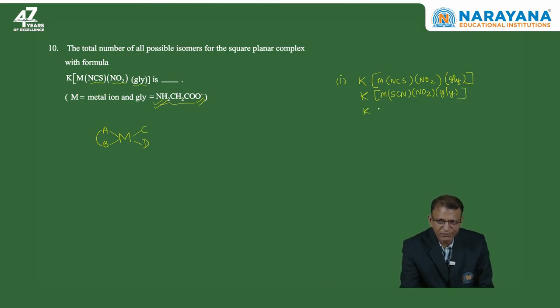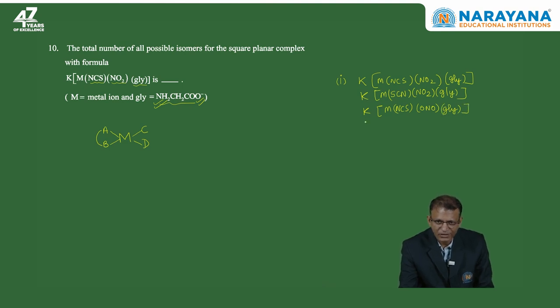Now there is another possibility. I will keep this the same. So M, NCS, the first ambidentate ligand, I am keeping it the same, but I am changing the donor atom here to oxygen. So this is another possibility. This is a bidentate ligand, keeping it at the cis position, right?